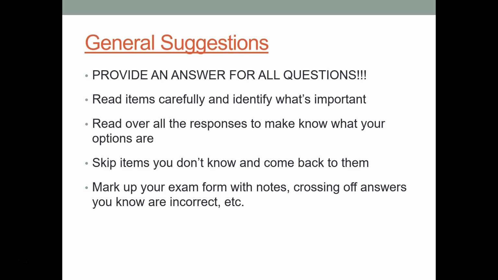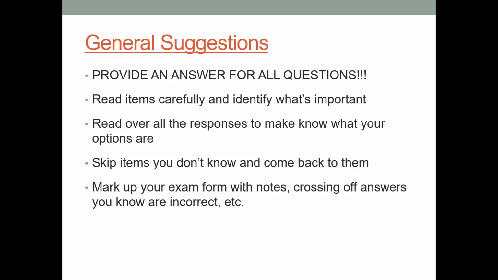Some general suggestions as you're going through for this next quiz and all the quizzes moving forward. These are some big issues. Number one, provide an answer for all questions. The only way you can assure that you're not going to get a question right is if you leave it blank. Never, never, never, even if it's a complete guess, A, B, C, or D, write something down for all questions. Okay. Another thing, read all items carefully and identify what's important.